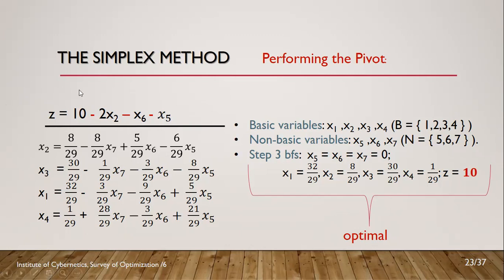So therefore, we may stop here. And here we come up with the basic variables of x sub 1, x sub 2, x sub 3, x sub 4, and non-basic variables of x sub 5, x sub 6, and x sub 7 here.